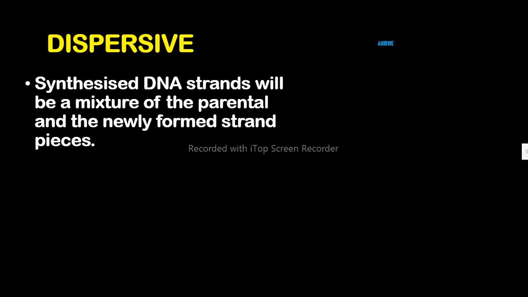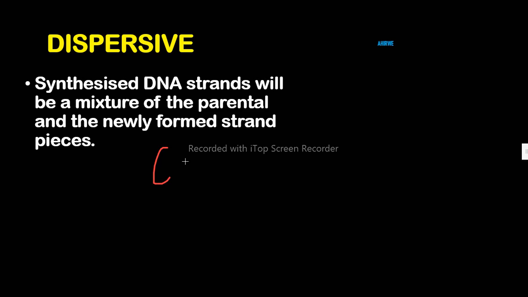In semi, you have half strand old, half strand new. But now here, in both the two DNA molecules that are formed, you will just have a mixture of old and new. Maybe one backbone is going to be the new strand of DNA, and then the other backbone is going to be the old strand of DNA.